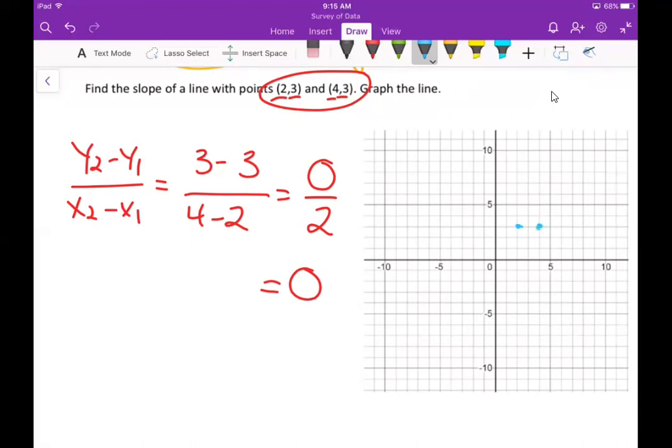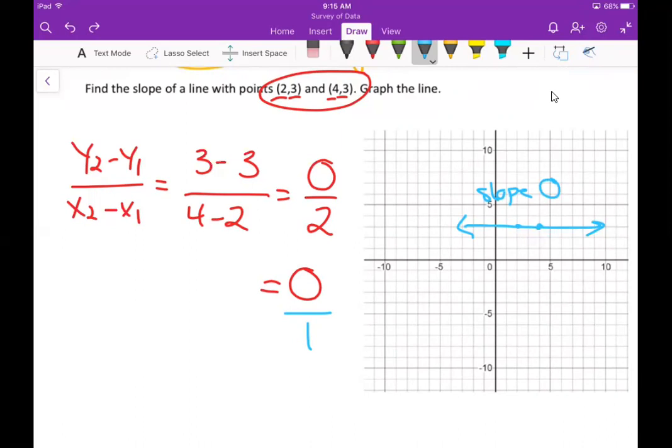And we visualize there then that it must be that a horizontal line has slope 0. And that makes sense because 0, think about 0 being 0 over 1, it doesn't change in the y direction, but changes by 1 in the x direction. Okay? So a slope of 0 is a horizontal line.